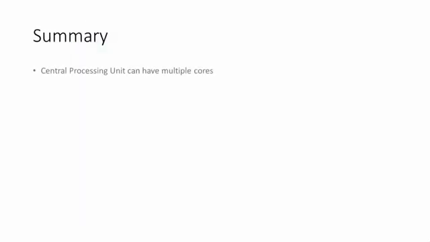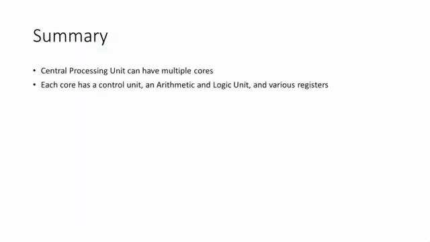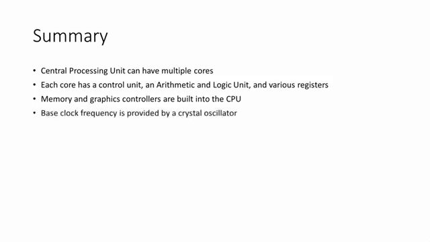To summarise, the central processing unit can have multiple cores. Each core has a control unit, an arithmetic and logic unit, and various registers. The memory and graphics controllers are built into the CPU of a modern PC. The base clock frequency is provided by a crystal oscillator on the motherboard.